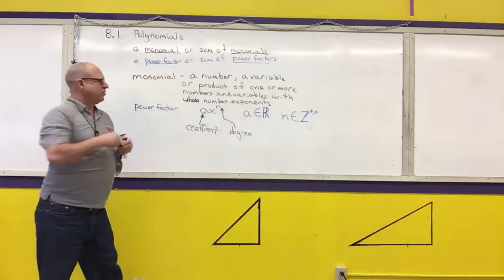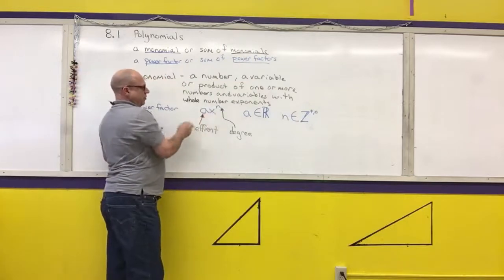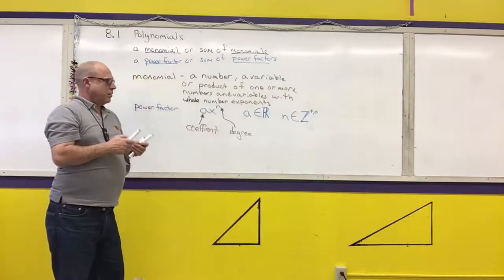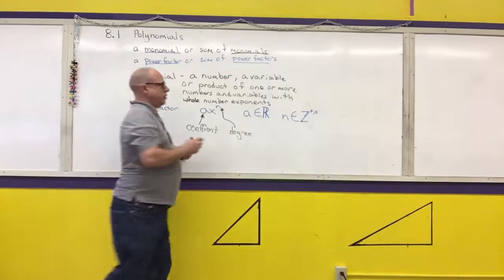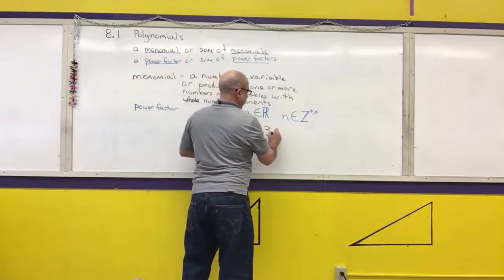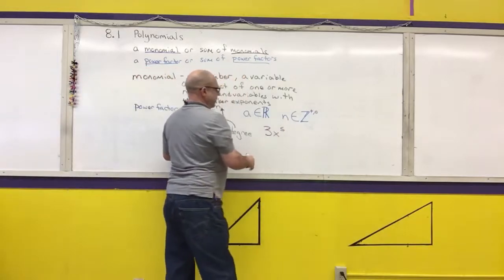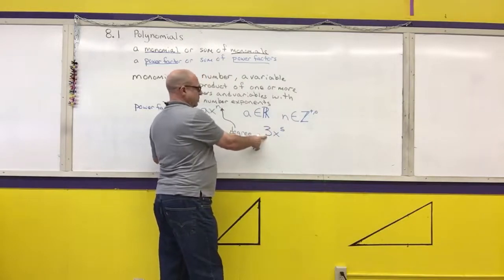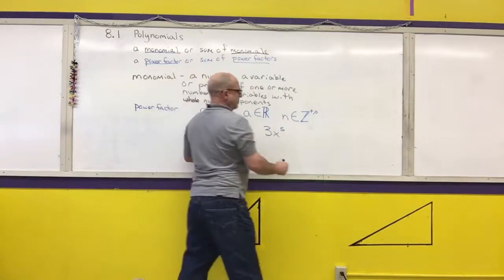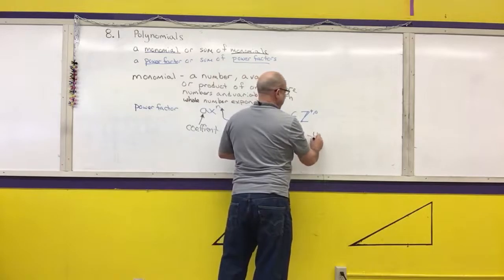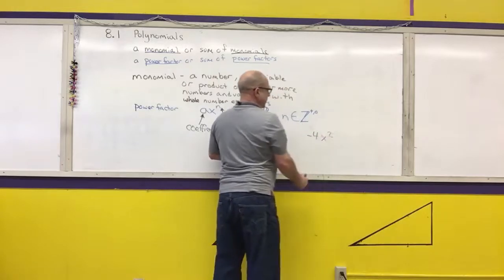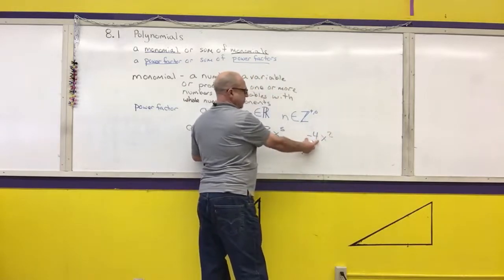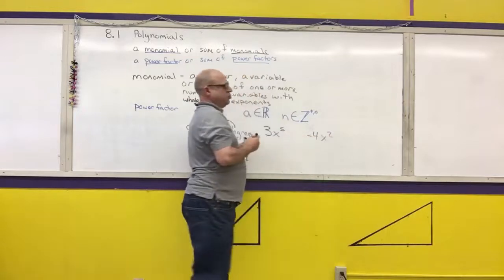Okay, and that's assuming that I have a single variable here. So some examples. 3x to the fifth. The coefficient would be 3. The degree would be 5. Negative 4x squared. The coefficient is negative 4. The degree is 2.